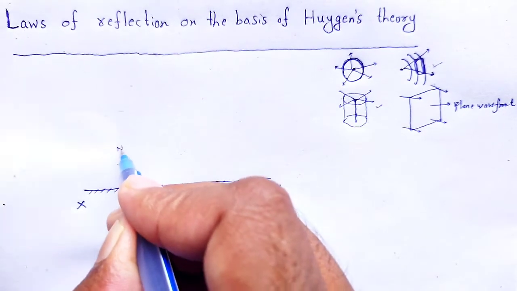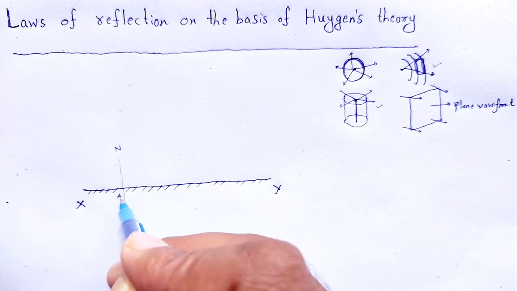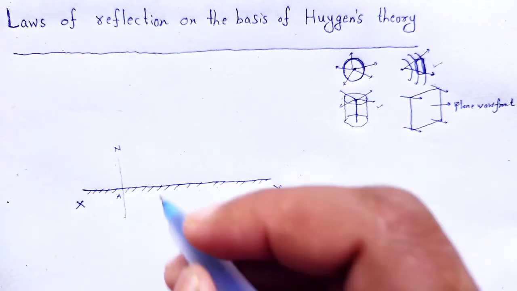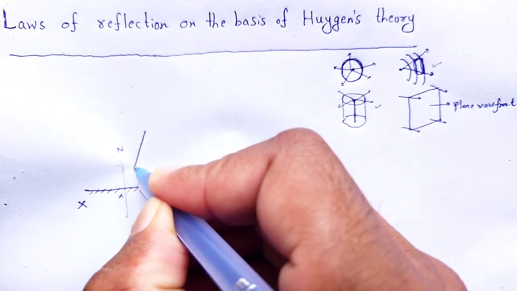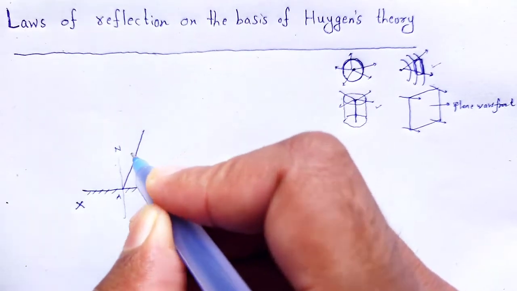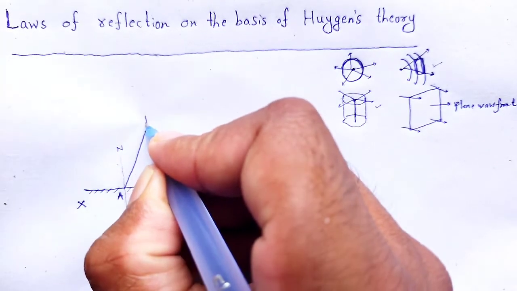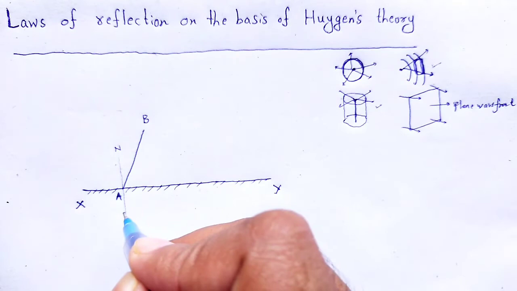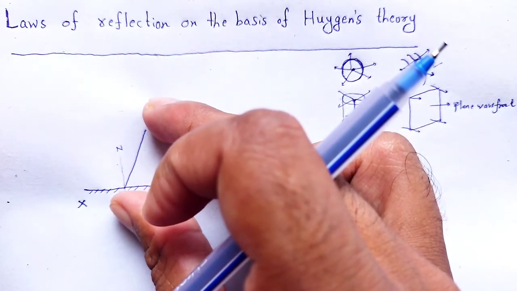Here is the normal N. The plane wavefront is AB.